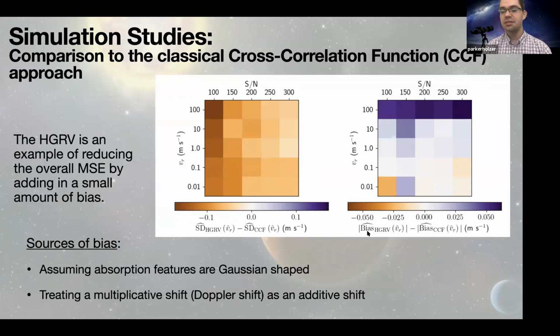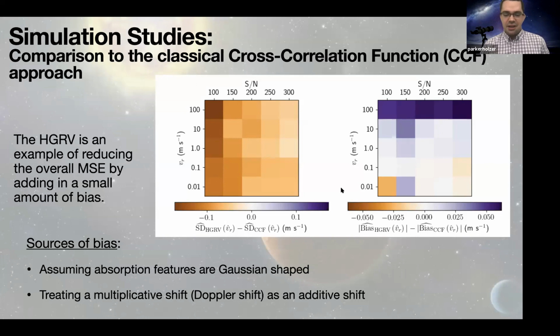But at the same time, looking at the differences in absolute bias, we find that depending on what the underlying signal is, the HGRV method has a little bit more bias in it. At least that becomes pretty obvious at high radial velocities. And this is interesting because this is kind of the same thing as Stein's phenomenon, where a slight increase in the bias leads to an overall reduction of the mean squared error. That's always fascinating for me to think about.